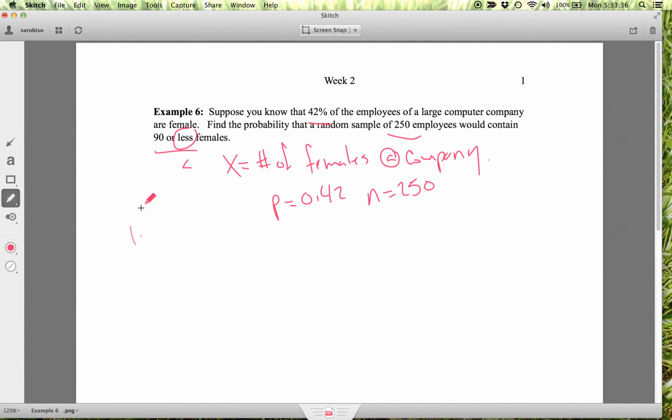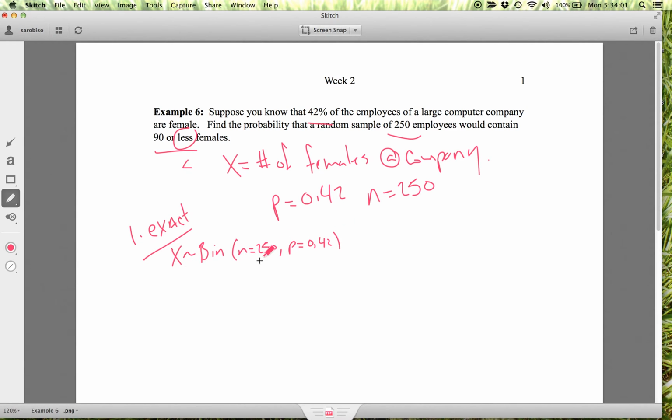The first way that I know to calculate this is by finding the exact probability. Probably the best way that you can. This will be the most exact answer. We know that x is a binomial situation, where n is 250 and probability of success is 42%.